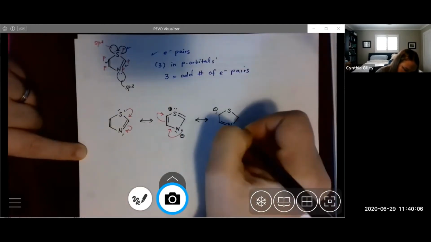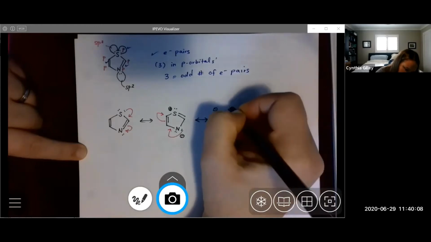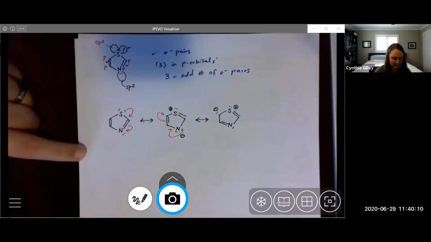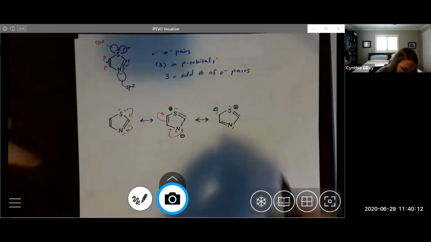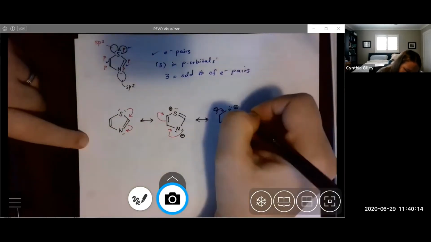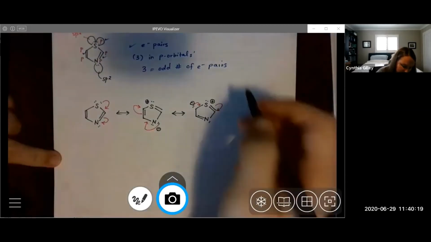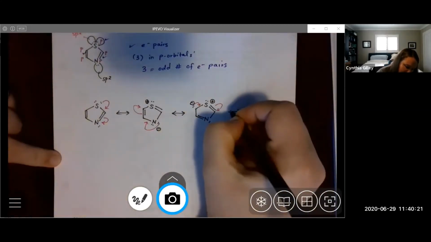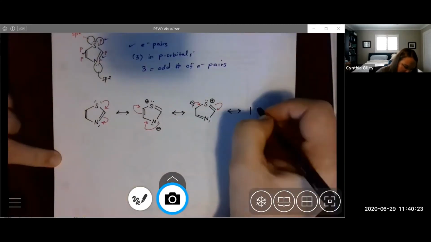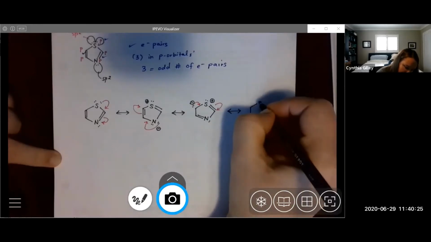It feels different with what are called heteroatoms, non-carbon based atoms, but really it's the same thing.